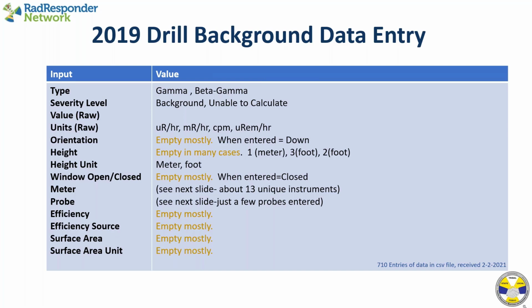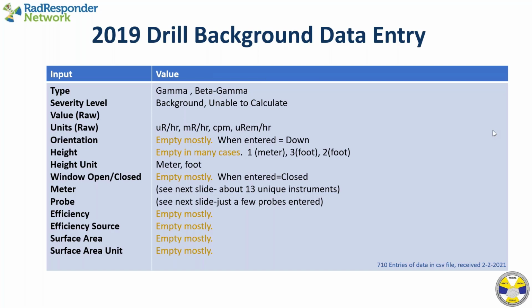Meter, I've got the meters and the probes on the next slide, and then the efficiency. And I will say that in like 99% of the cases, no one had entered an efficiency, in the case of a pancake GM or an efficiency source, for any of the instruments, and then surface area and surface area units. So those were mostly left blank.